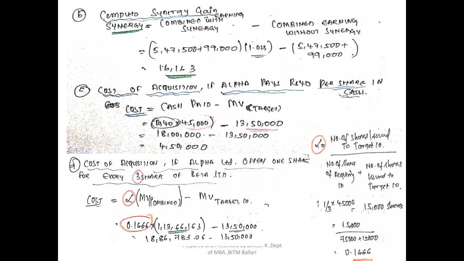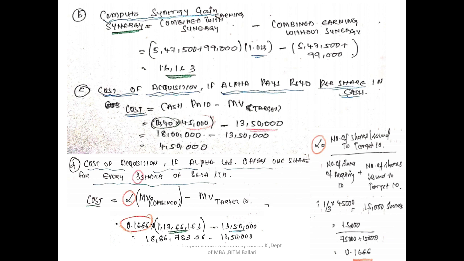Similarly, we can also look at the cost of merger for an acquiring firm if they go by exchange of shares. The exchange ratio is given: for every 3 shares of the target company, it would pay 1 share, that is 1:3. Here is a simple formula for when the exchange ratio is based on stock.